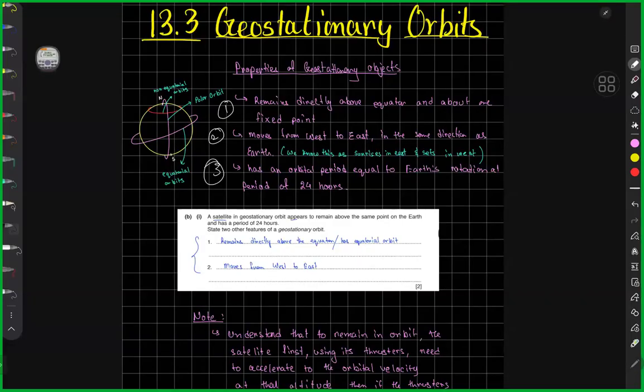If it does not have that, then the satellite will go out of sync with respect to our rotation. So if it takes 30 hours and Earth takes 24 hours to spin, then the satellite will be 4 hours behind me, behind me in terms of spinning west to east.